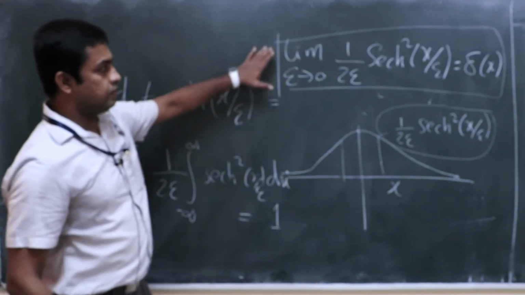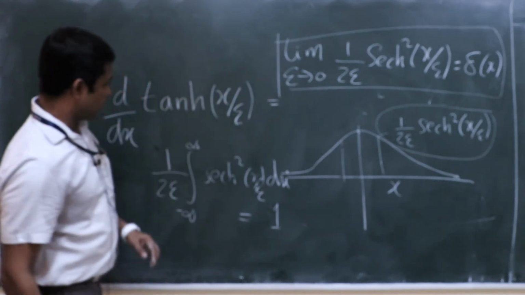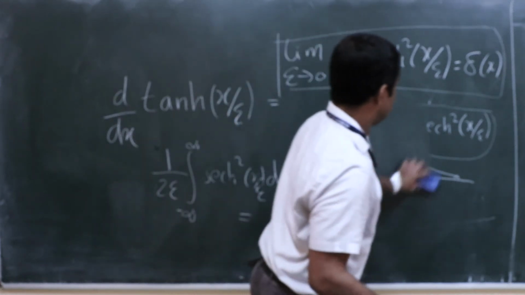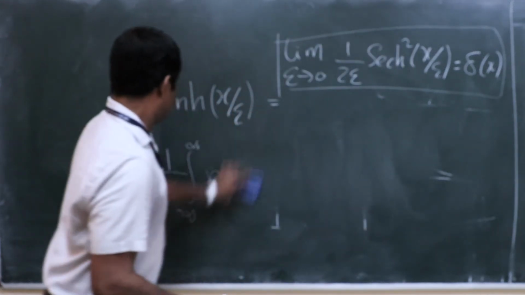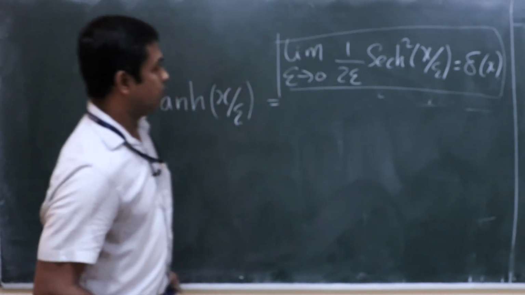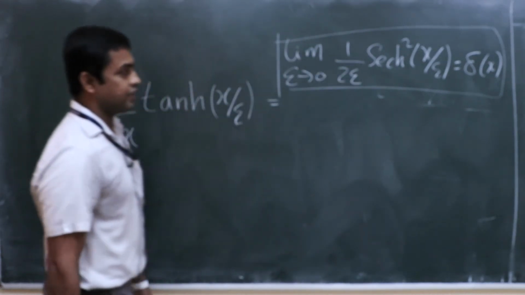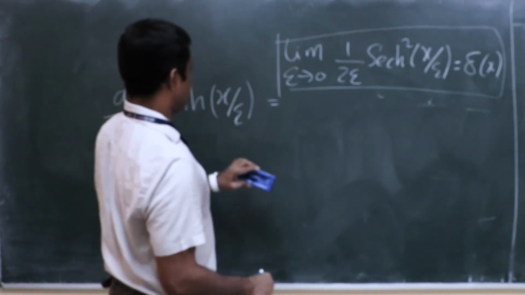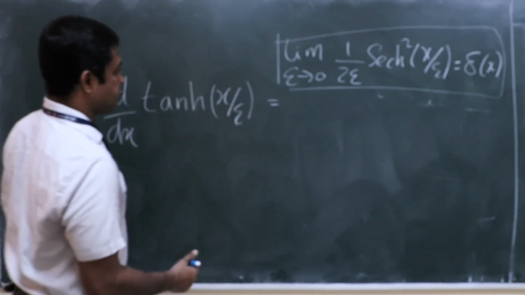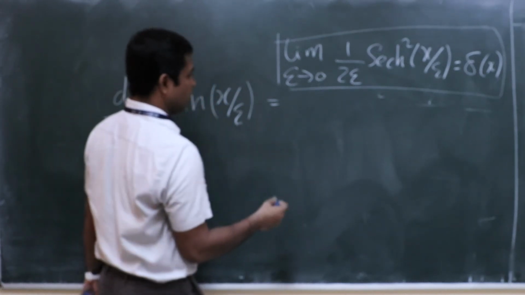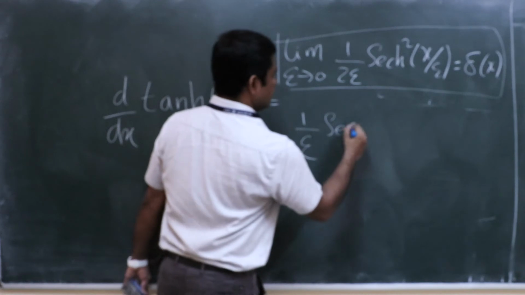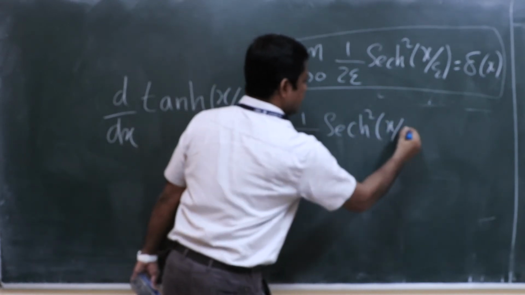Now you understood why 1 by 2 epsilon, right? Because if this 2 is not there, I have to write it as 2 delta x. So that is the reason. So d by dx of tan hyperbolic x by epsilon is basically equal to 1 by epsilon sec hyperbolic square x by epsilon.